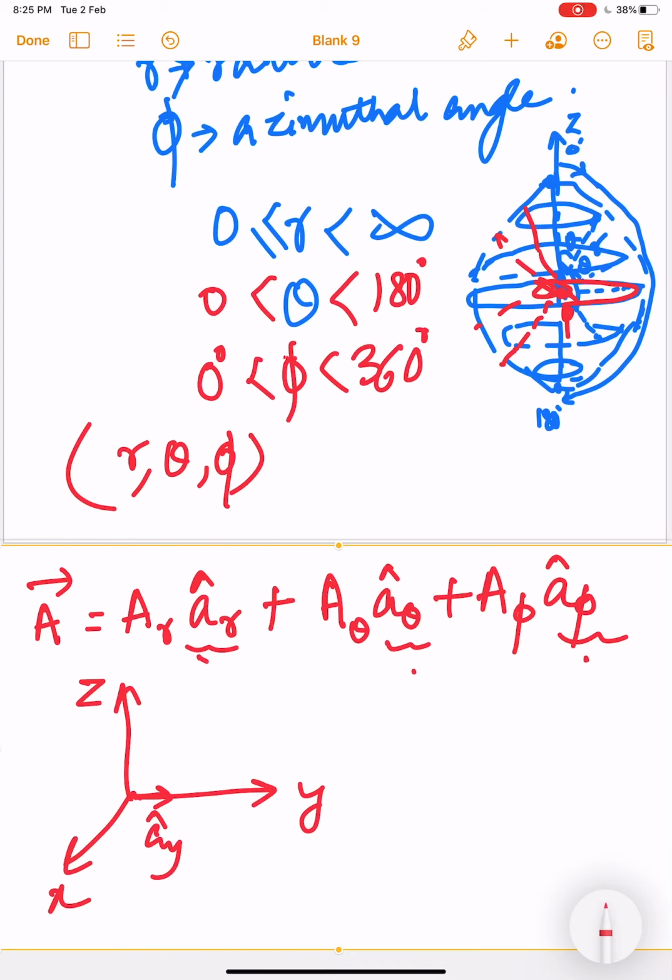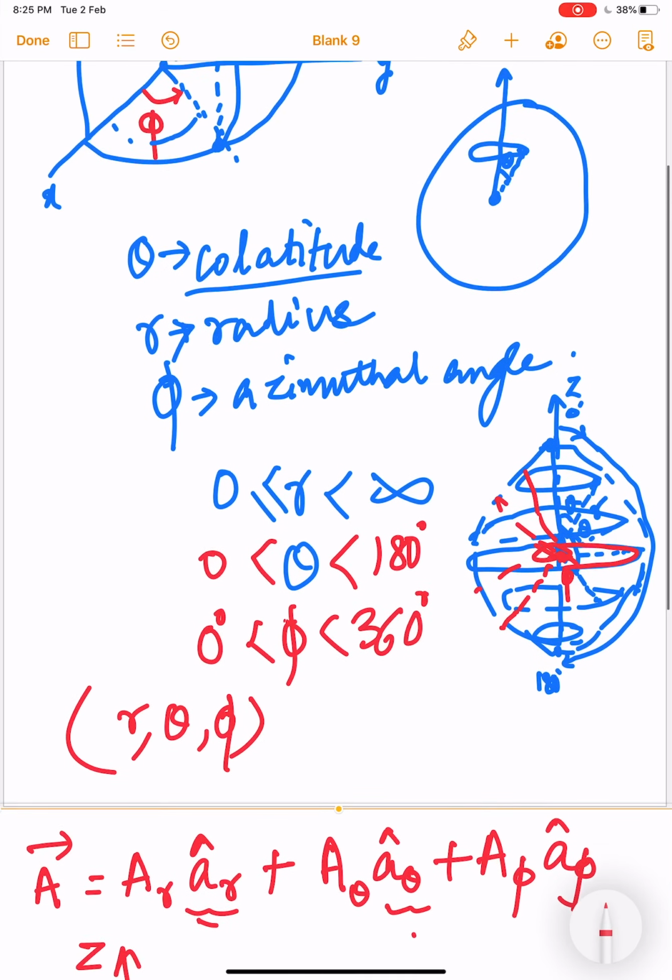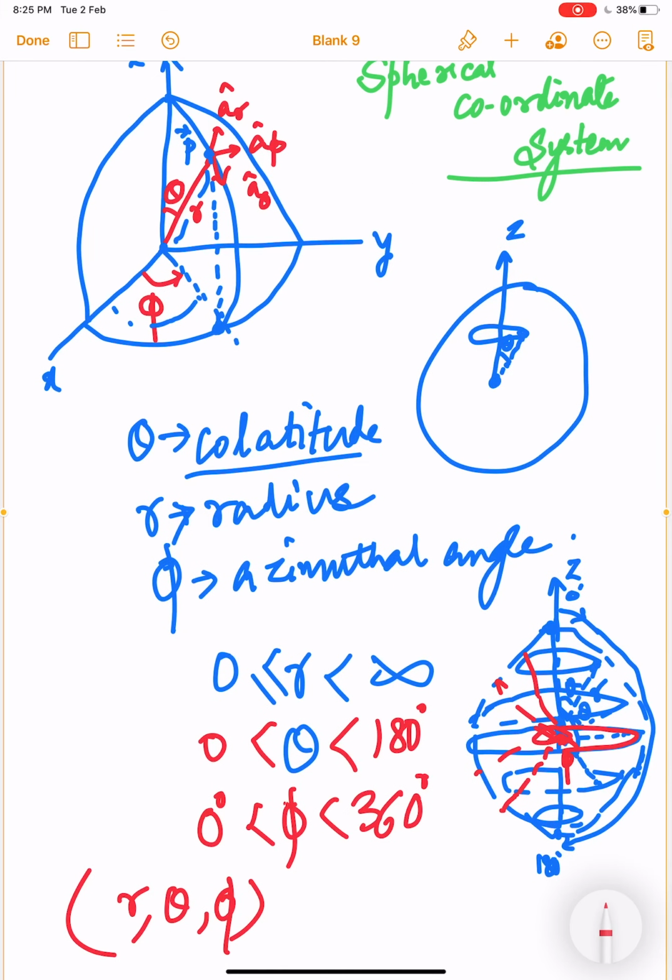So what about the directions? Where do these point to? Okay, A r cap is simple. This is A r cap, that is along the direction of the radius. And what is A theta cap? Well, A theta cap, you can consider a sector theta like this.